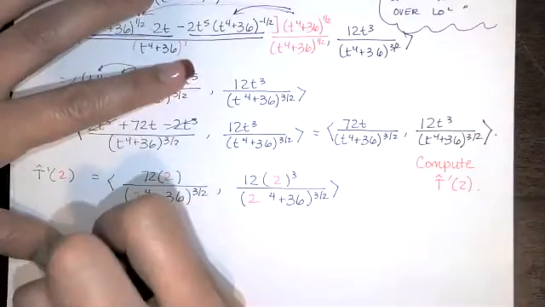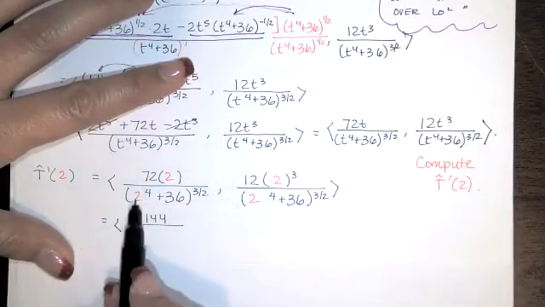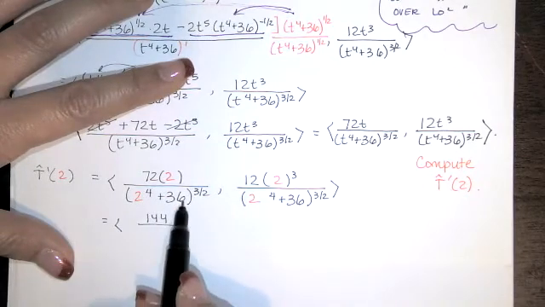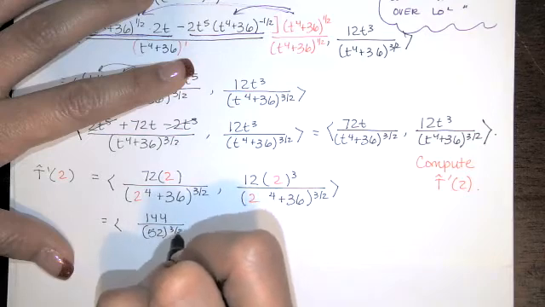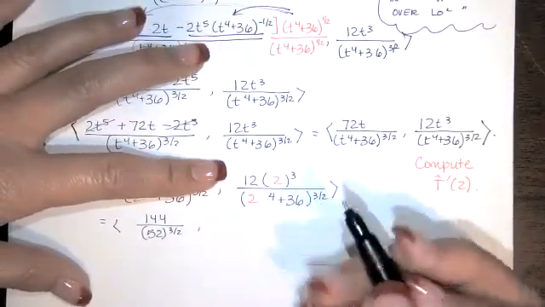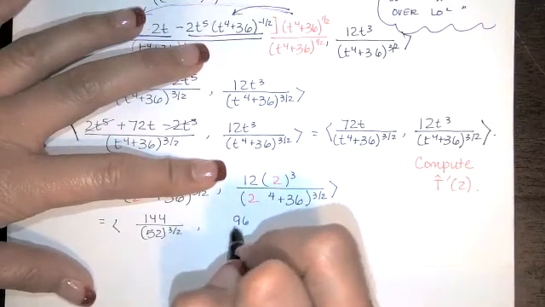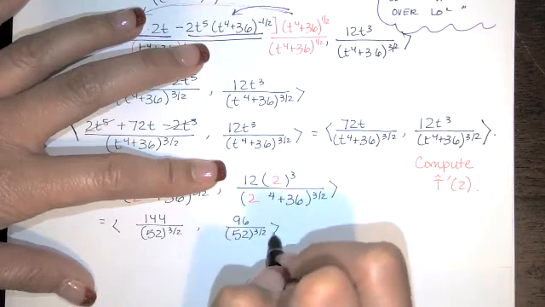So here we'll have a 144 over 16 plus 36 is 52 to the 3/2 power. Over here, we've got 12 times 8. So it's going to be 96 over 52 to the 3/2 power.